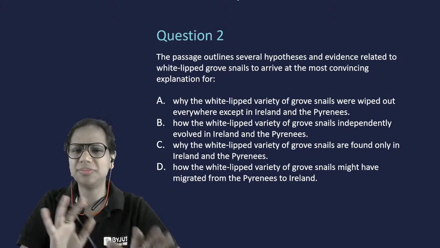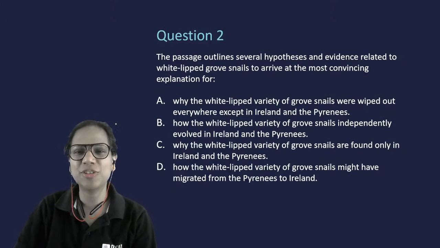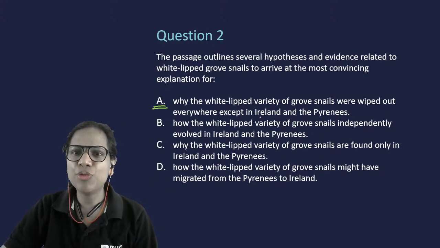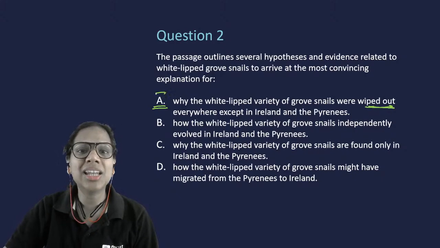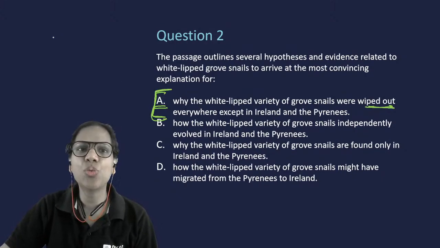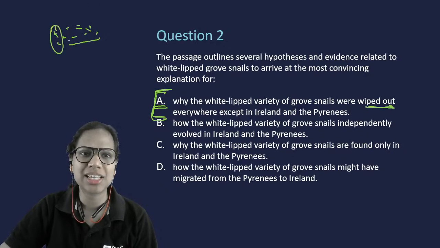Okay, so I think there seems to be some confusion about this one. Why they were wiped out? No, they deny this happening. They say it wasn't the case that they were present everywhere but then were wiped out from all the places except these two.